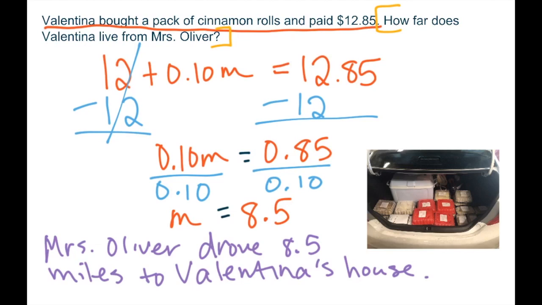So we figured out what we had from the problem. We figured out what the question was asking us. We put what we had together with what we didn't know, and we set up an equation that we were able to solve and figure out the missing information.